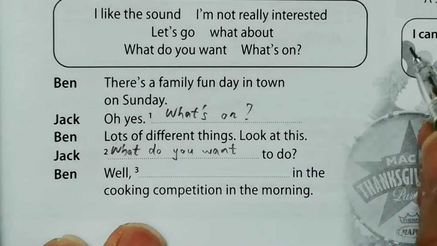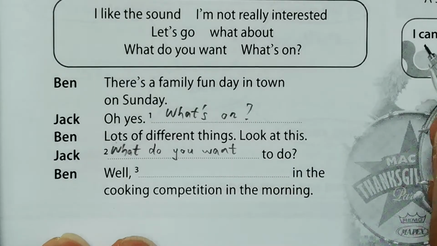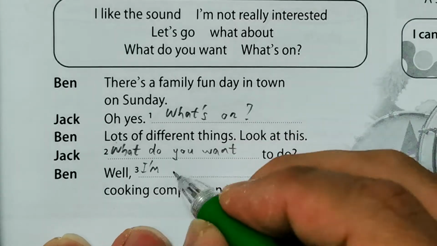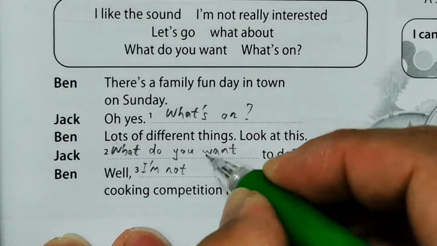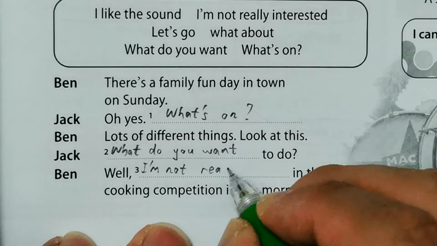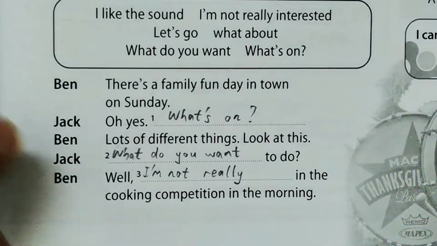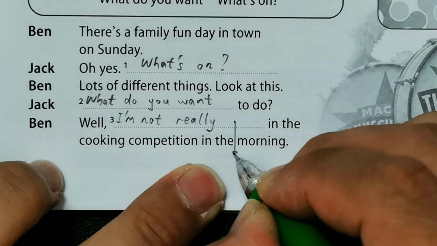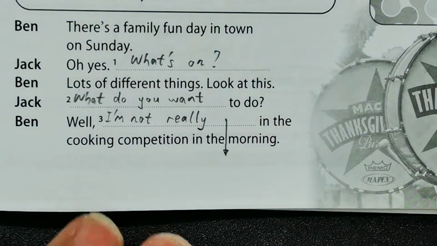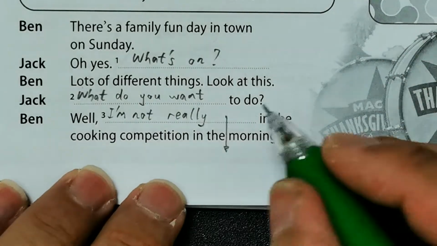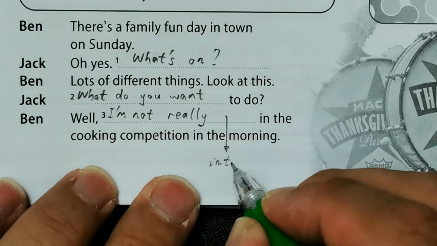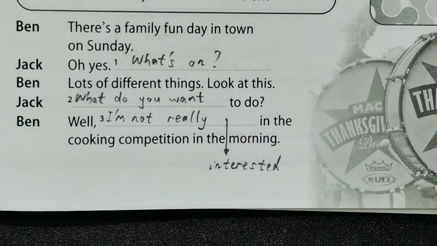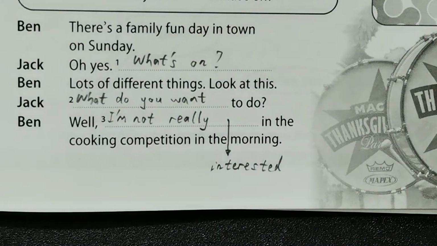So well, I'm not really interested. Limited space again, so I will write here, really interested in the cooking competition in the morning.